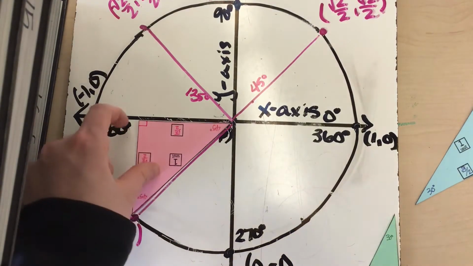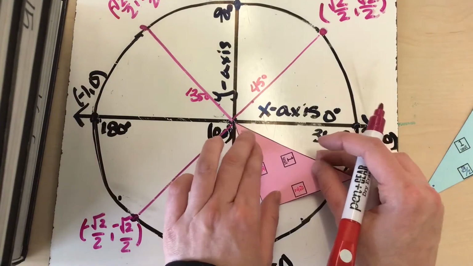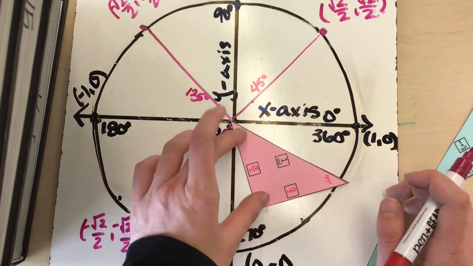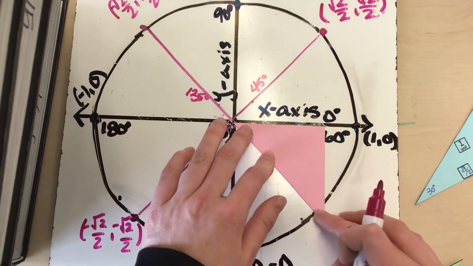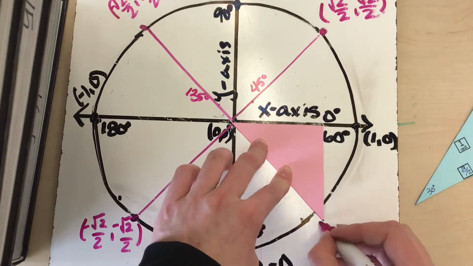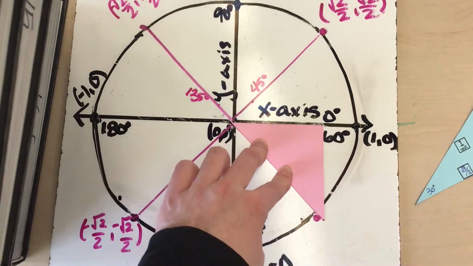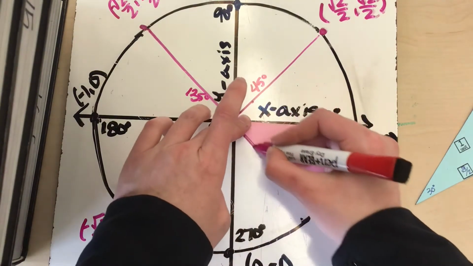Last one for 45, and then I can stop saying the square root of 2 over 2, is going to be upside down this way. And you can tell that my circle is not perfect, but that's okay. We can estimate. And we know that this line is going to come from our origin.